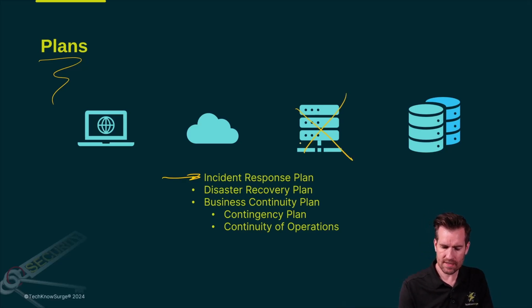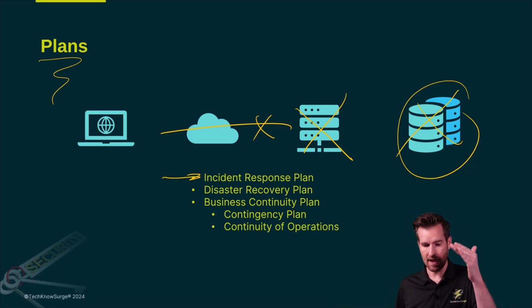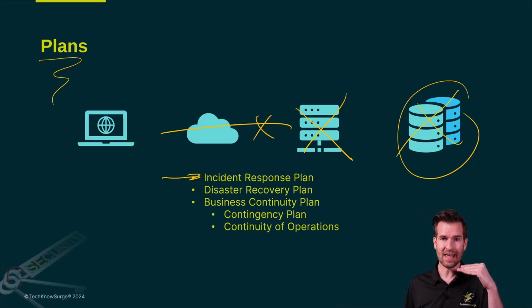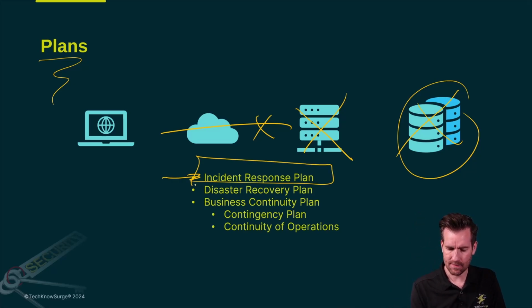A server goes down, the internet connection goes down, maybe our database goes down, something goes down, and we need to respond to that. And so we're going to have a set of who's going to be in charge, how are they going to approach troubleshooting, how are we going to do communication, who do we need to notify. So that's all part of an incident response plan.